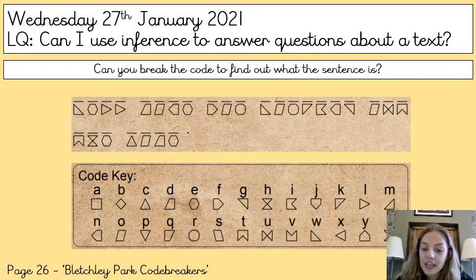I wanted to see if you can break the code and see if you're a superstar, because the text that we're looking at today talks about code breaking in World War II. Okay, so I want you to have a go, pause the video, and then when you're ready, press play again, and then we'll figure out to see if you've got the code right or not, okay?